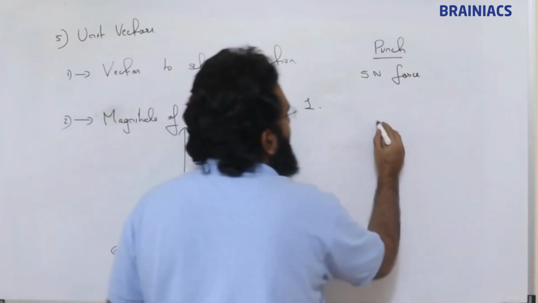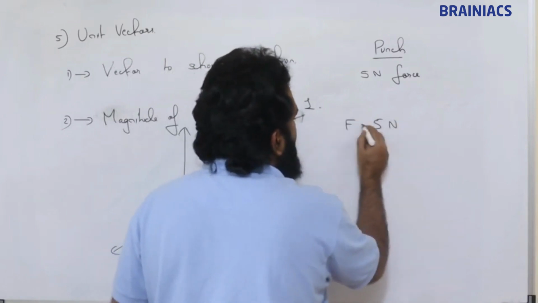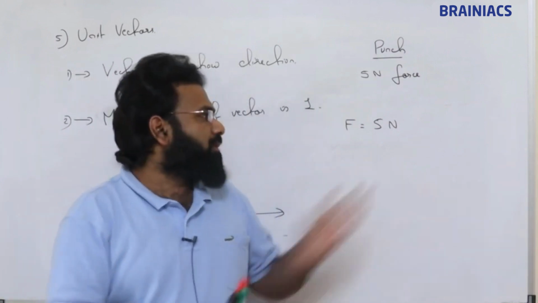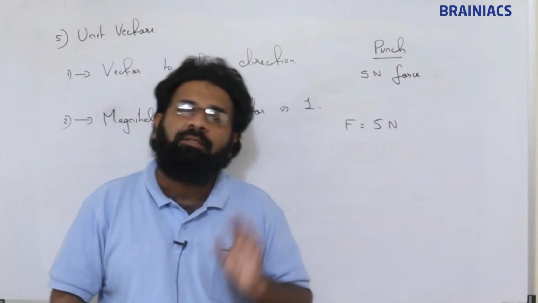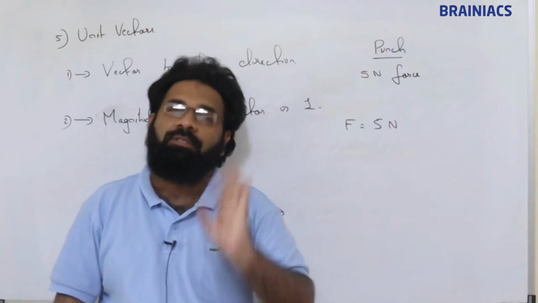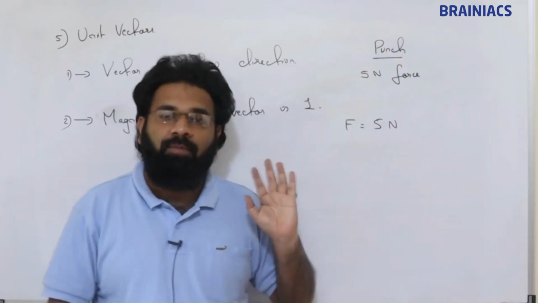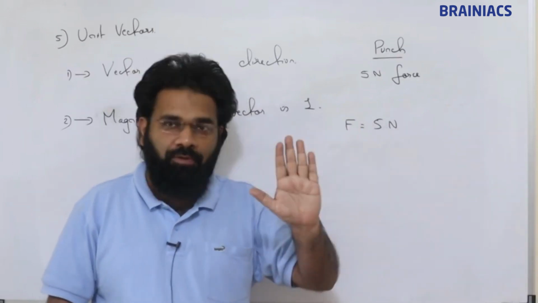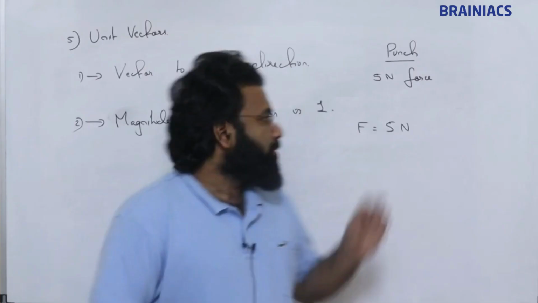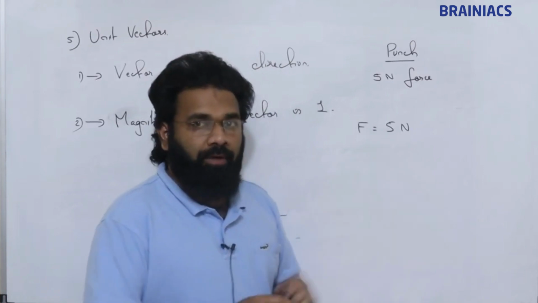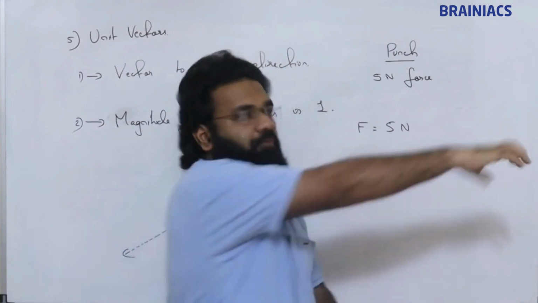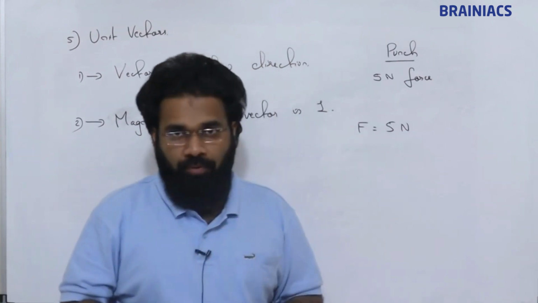So when I write force is equal to 5 Newton, it just shows us how much is the force. Unit is there, that is another thing. 5 is the force. Suppose I am punching in this direction, this is actually force. If I am pulling someone, this is also force.